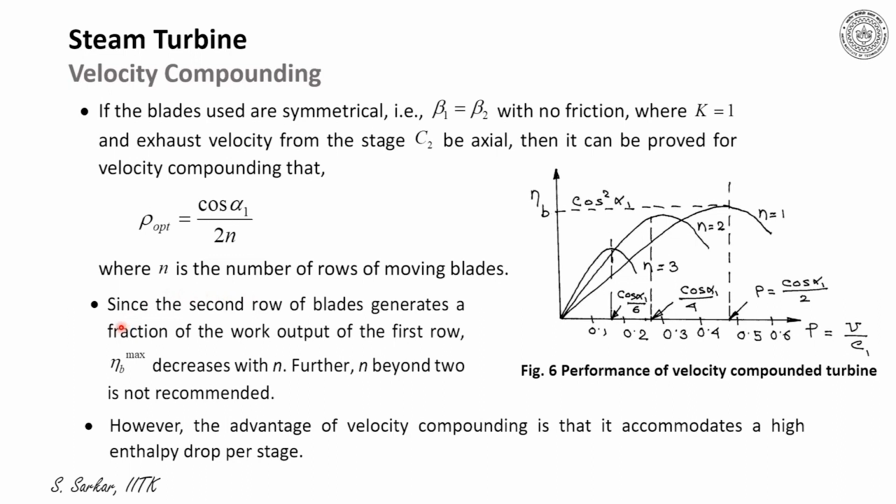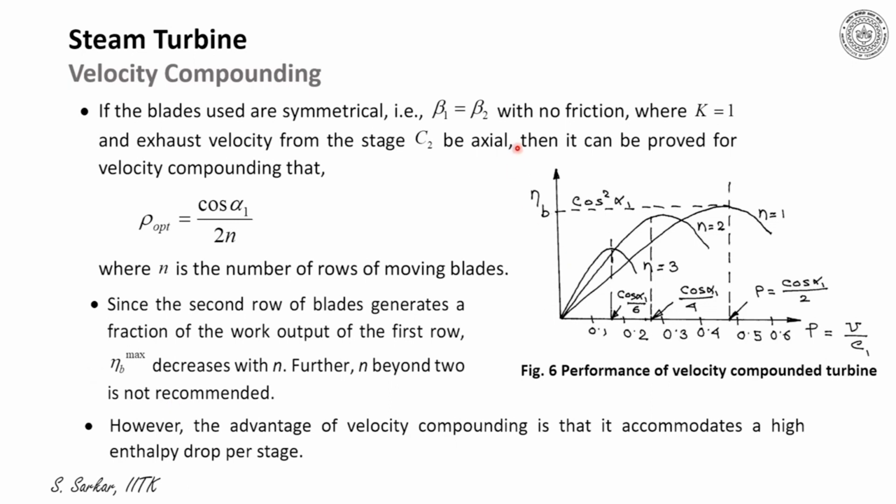Furthermore, since the second row of blade generates a fraction of the work output of the first row, eta B decreases with n. Further, n beyond 2 is not recommended.